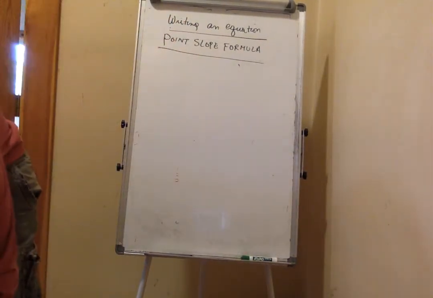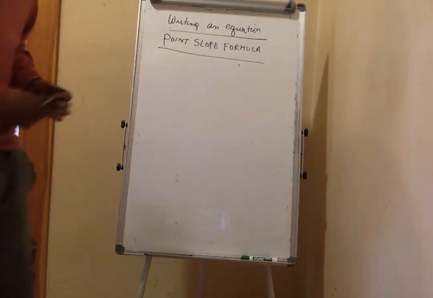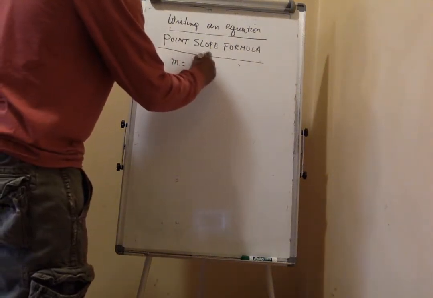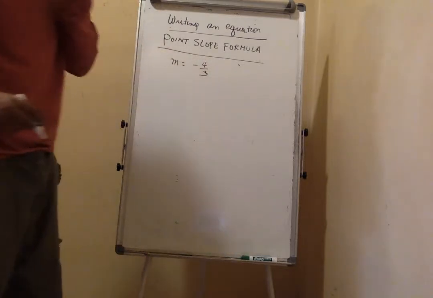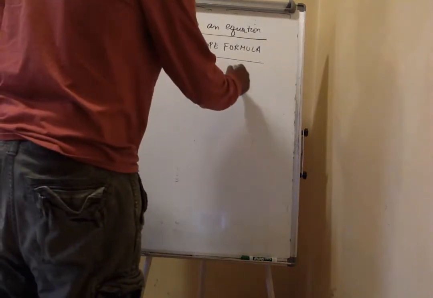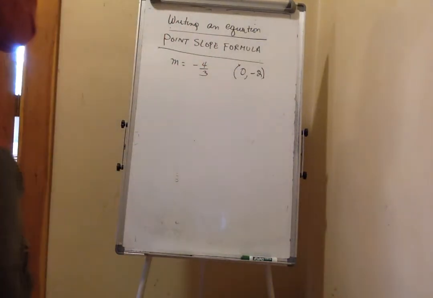Suppose you are asked to write an equation if the slope is equal to minus 4 over 3. And we have 0 and negative 2 as our ordered pair.